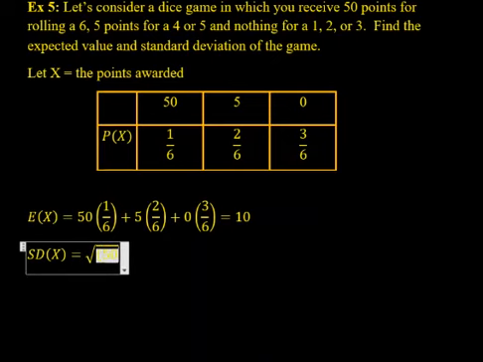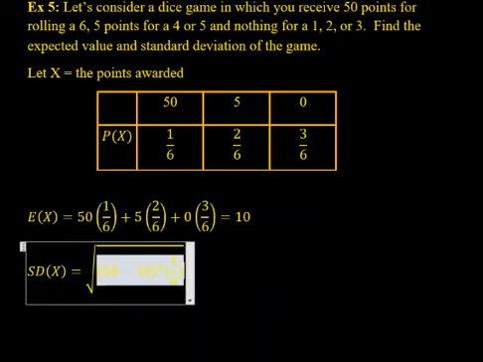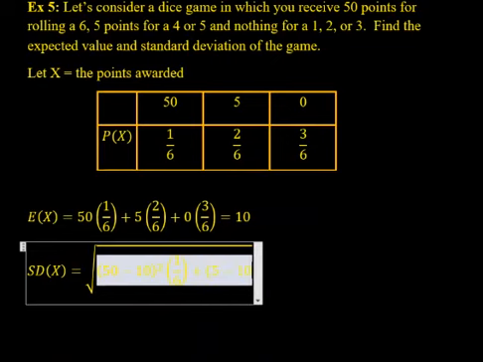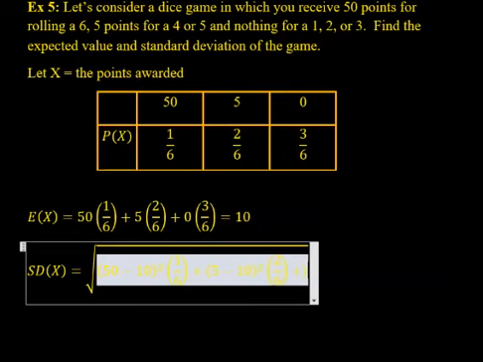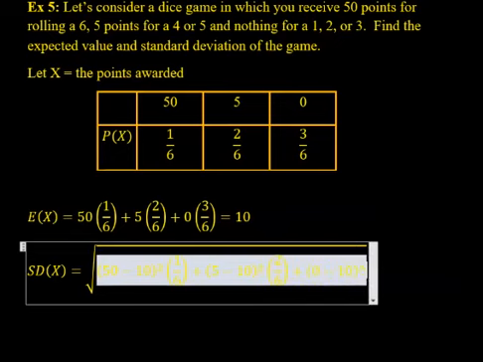So the square root of 50 minus the expected value, 10, squared, times the probability of winning 50, 1/6, plus 5 minus the expected value, quantity squared, times 2 over 6, plus 0 minus the expected value of 10, quantity squared, times 3 over 6, the probability of winning 0.